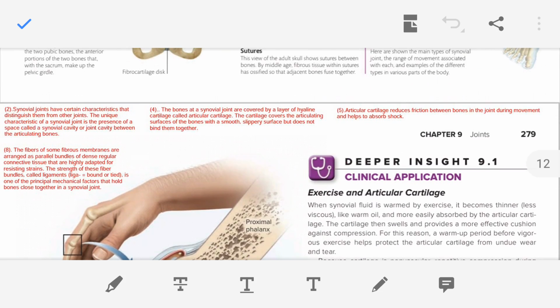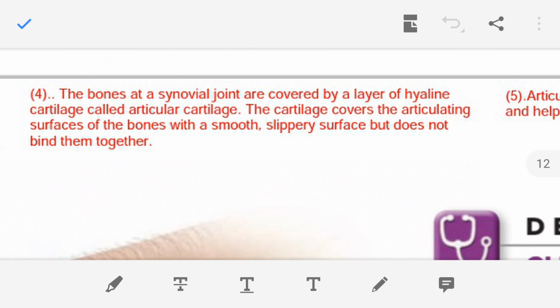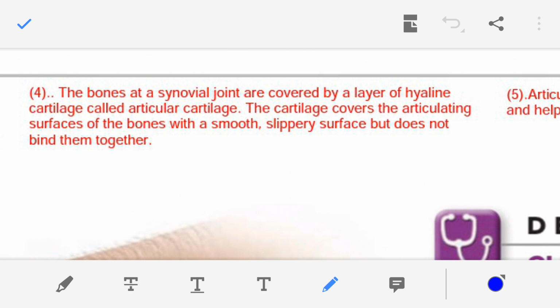So in the fourth point the surface of the bone is covered by a layer of hyaline cartilage, known as the articular cartilage.